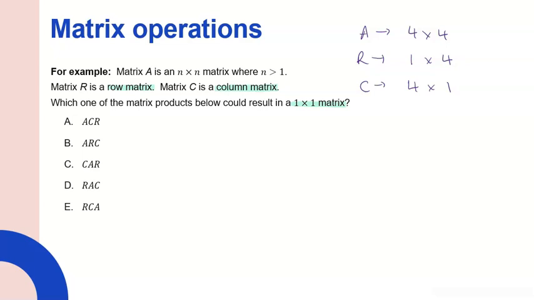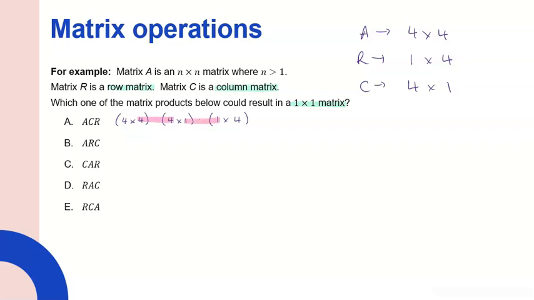If we look at answer option A, where I have A times C times R. So A is a 4 by 4. C, I've said, is a 4 by 1. And R is a 1 by 4. So firstly, the middle numbers, 4 and 4, that works. 1 and 1, that works.